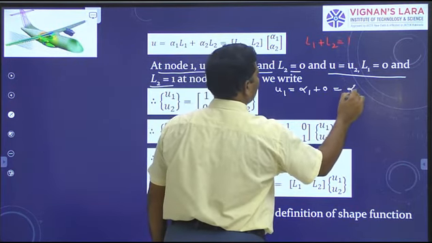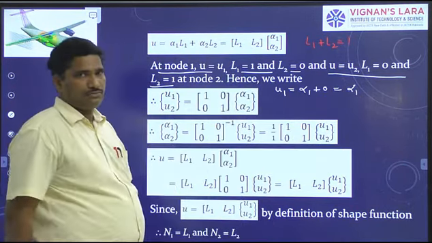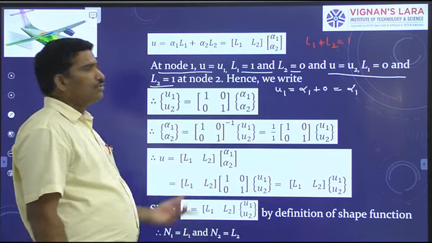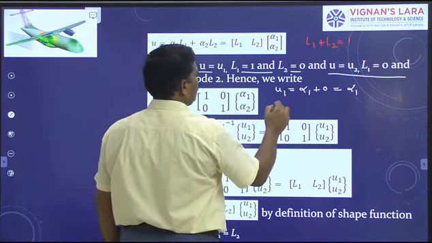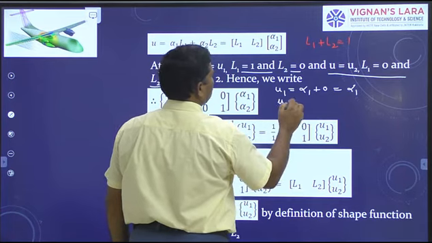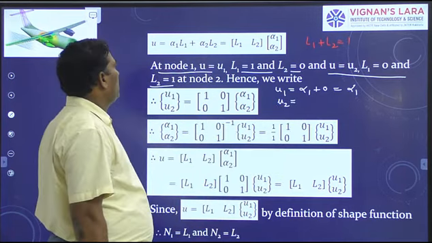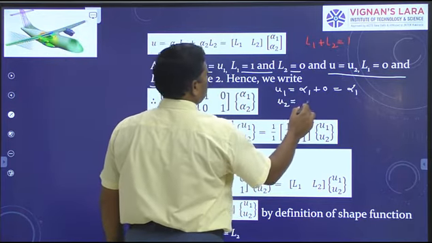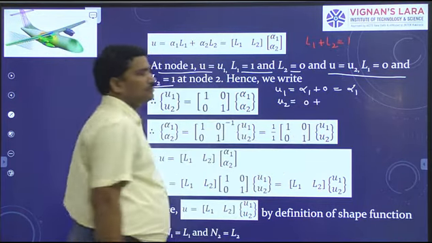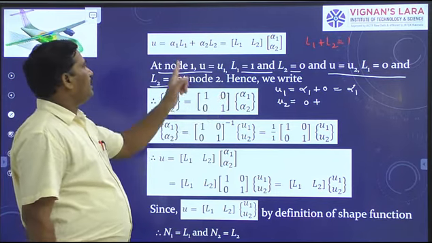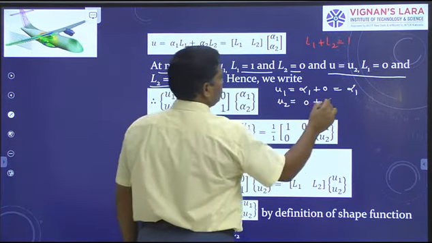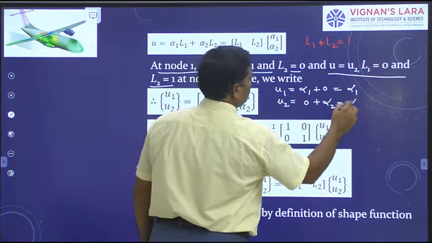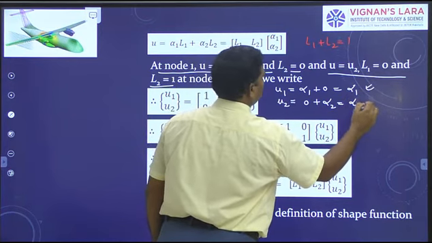Alpha 1. Second condition. At node 2, U equals U2. Therefore, U2 equals, L1 is 0, so 0 plus, and L2 equal to 1, alpha 2. This equals alpha 2.